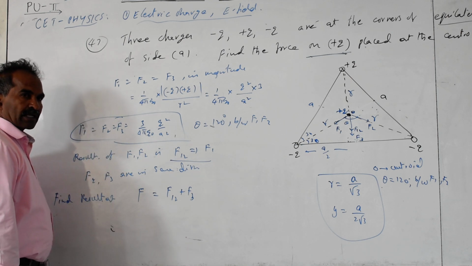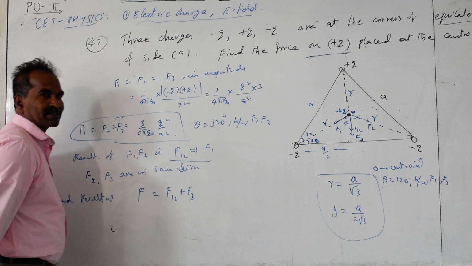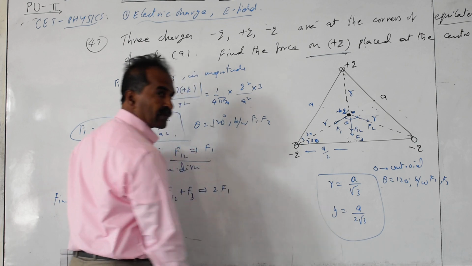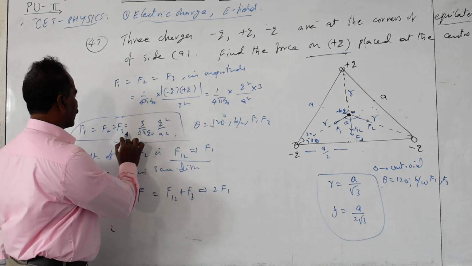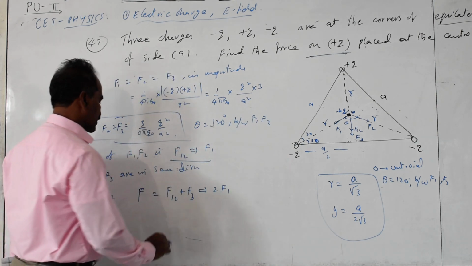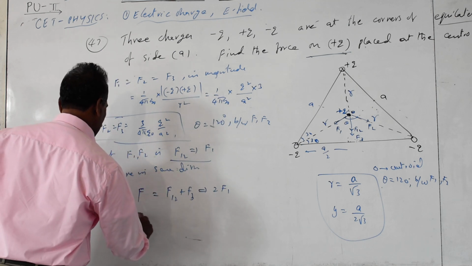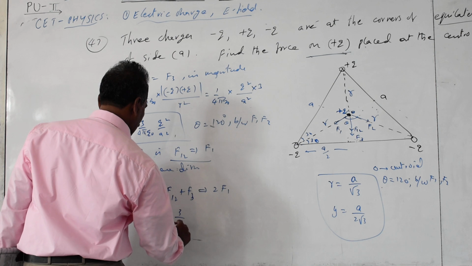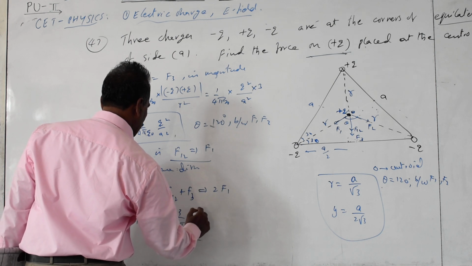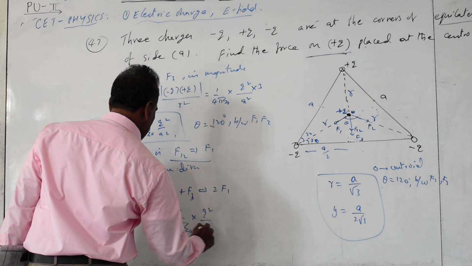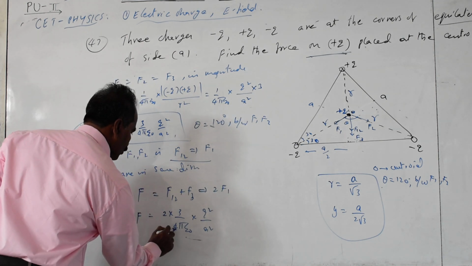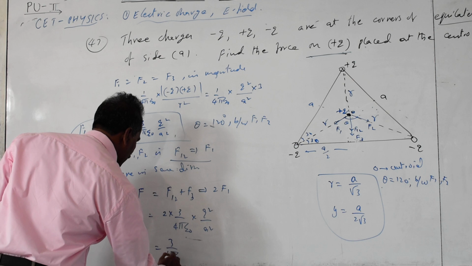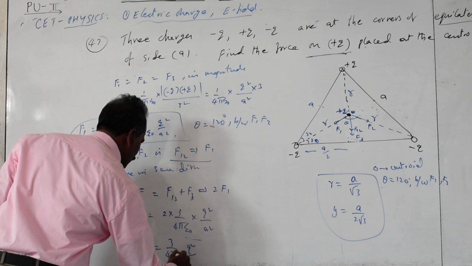So whatever the final result is, 2 times F. I can take this equal to 2 times F. This is already F1 we calculated, just 2 times F. Therefore this is equal to 2 into 3 by 4 pi epsilon naught into q square by a square. The final result is 2 by 4 is 1 by 2. F is equal to 3 by 4 pi epsilon naught into q square by a square.